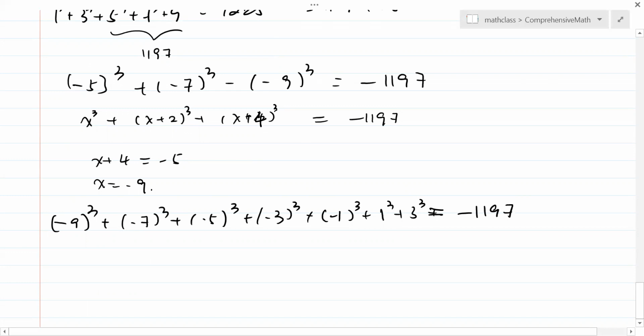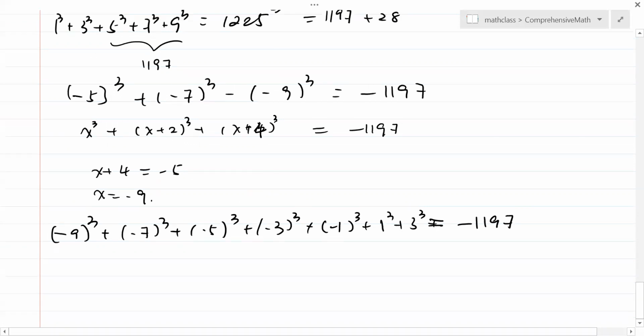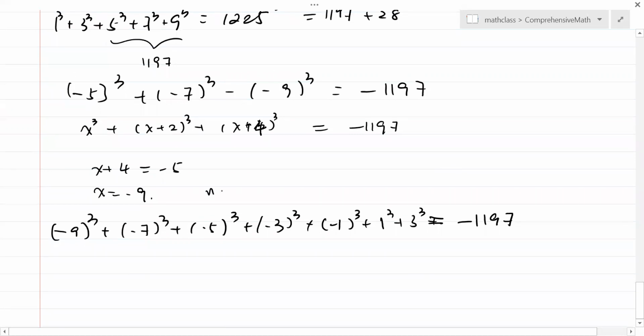Here n is going to be 2, but that's smaller than 2, so it's not good. So here n is going to be 6. x is still equal to negative 9. So there's another trick here.